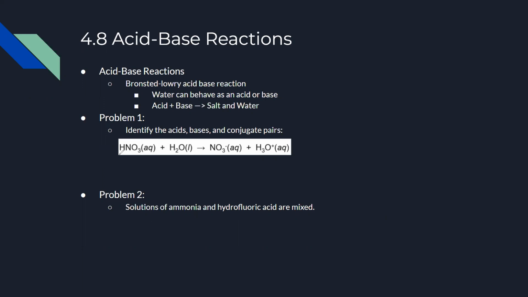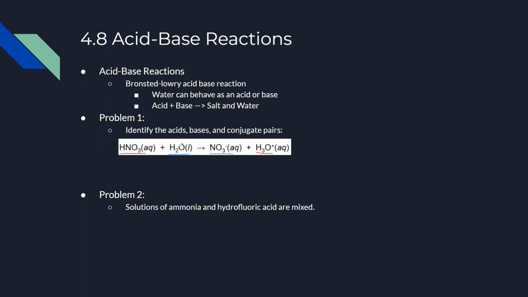So the acid over here is HNO3. Well, I'll actually change color. So acids are red. The acid over here is HNO3, and the base over here is H2O. The base has a conjugate acid, which would be H3O plus. So that's also an acid. And the conjugate base of HNO3 is NO3 minus.